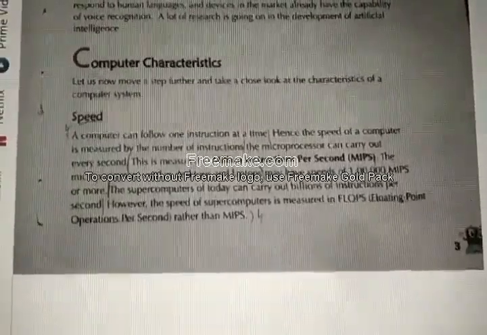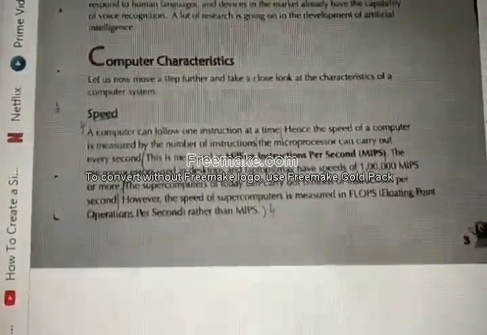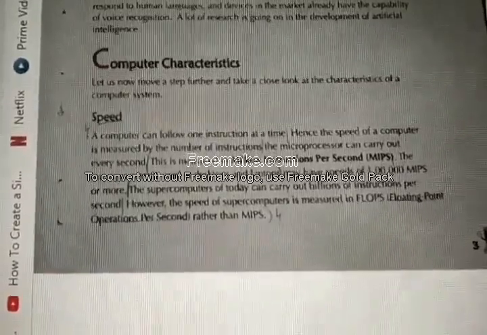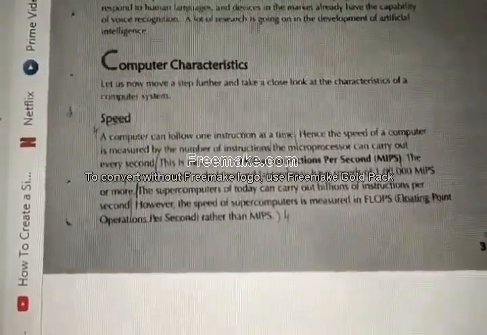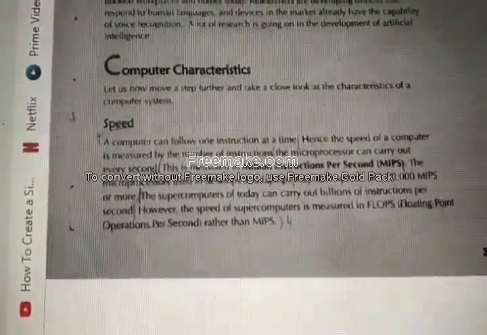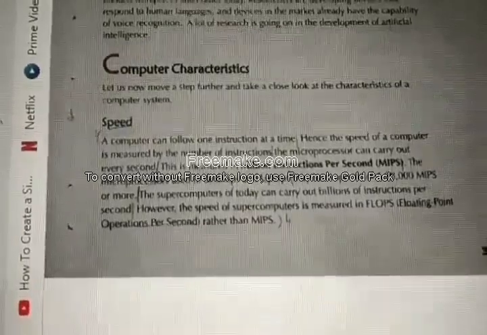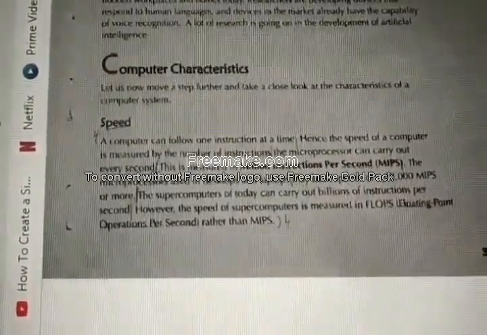A computer can read or execute only one instruction at a time, not in a second. So a microprocessor can carry out many instructions per second. It is measured in million instructions per second.